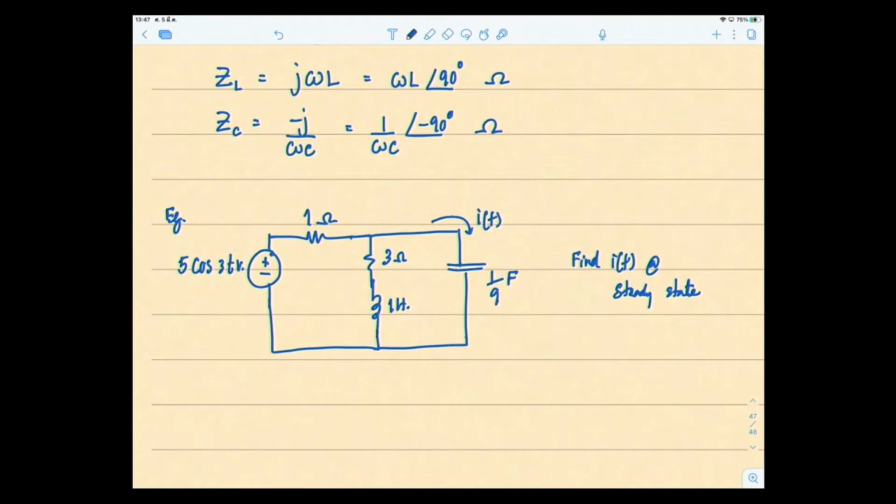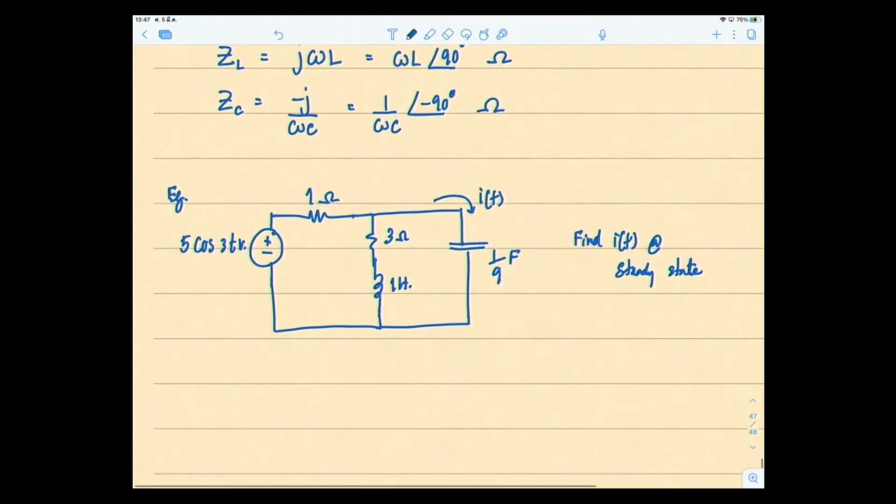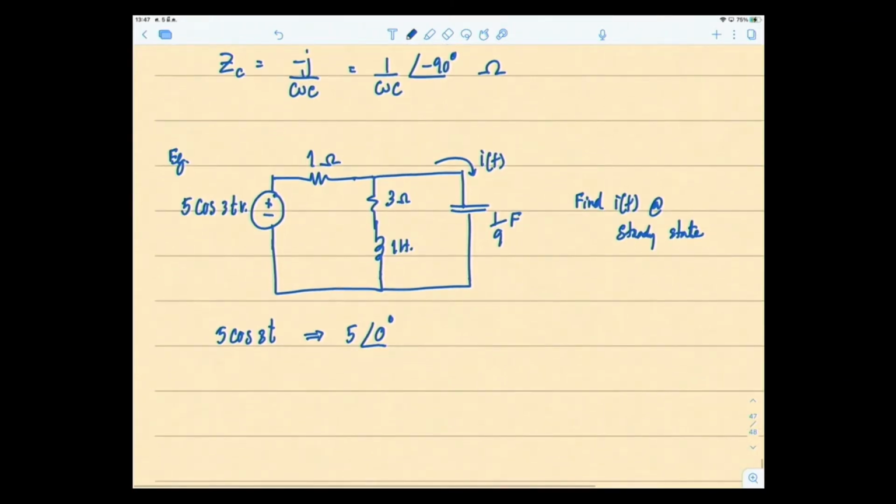So first, of course, I change 5 cos 3t into phasor form, which is simply 5 angle 0 degrees. Then I need to transform all the elements into impedance.